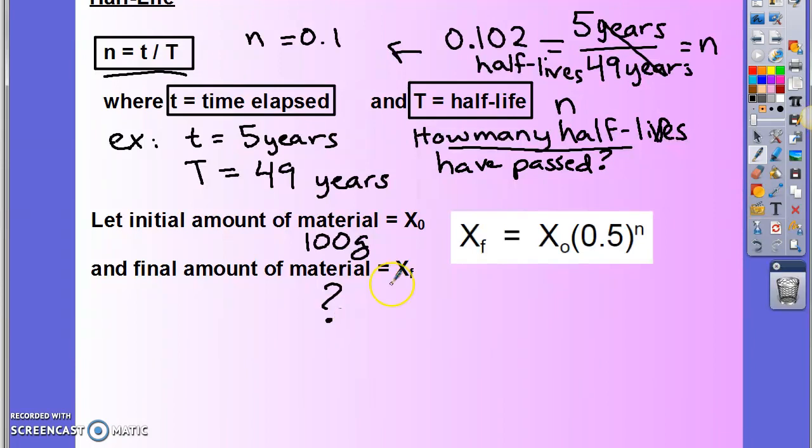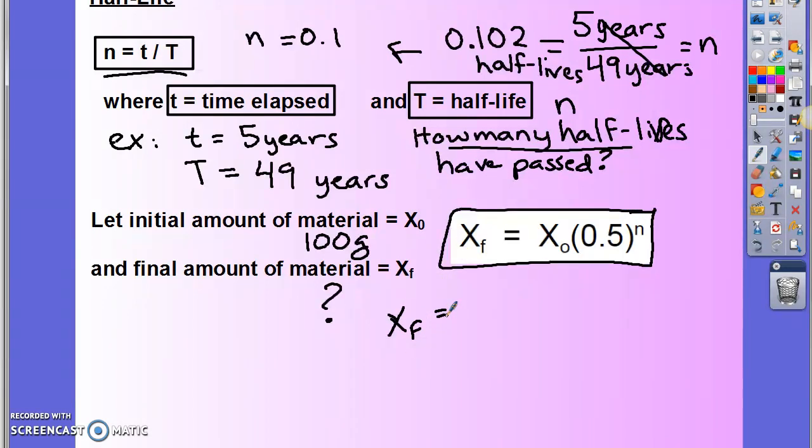So xf is the one thing I'm looking for, therefore that means it's my unknown, and I can just leave that in the equation. So this is the big half-life equation, so eventually you're probably wanting to use this if you're doing a half-life problem. So my unknown xf equals my initial amount, which was 100 grams, and that's times 0.5 raised to n, which we already calculated is 0.1 half-lives.